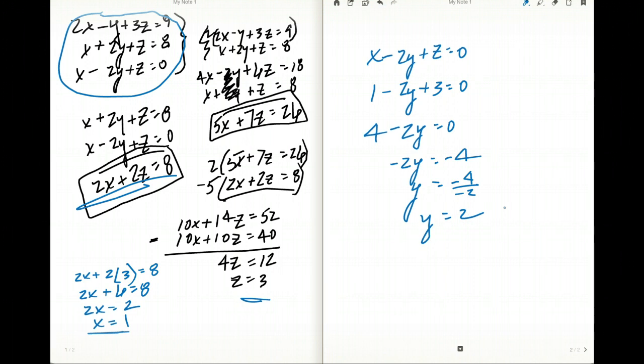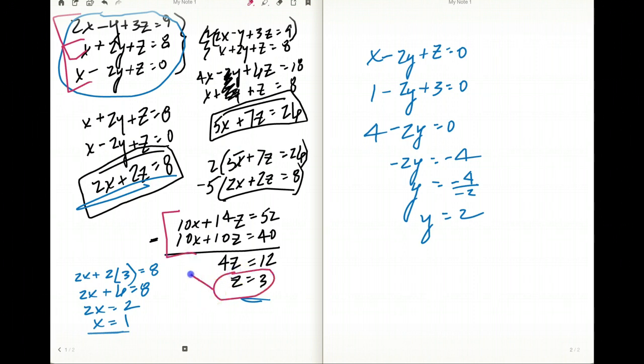So, just real quick in a nutshell, you're going to take two of your equations, doesn't matter which one, and start eliminating a variable. Then take the next two and eliminate the same variable. Then use systems of equations like we did here to solve for one of the variables.